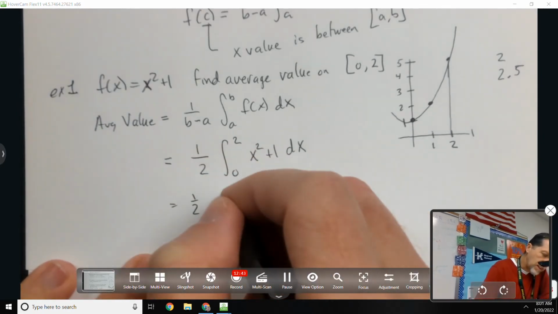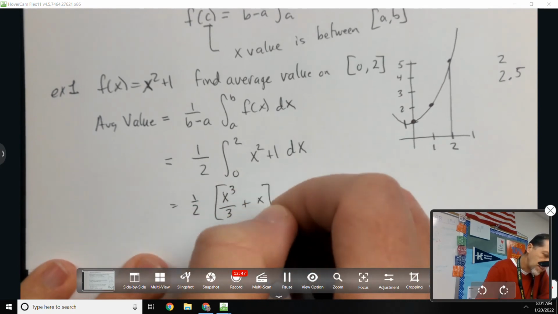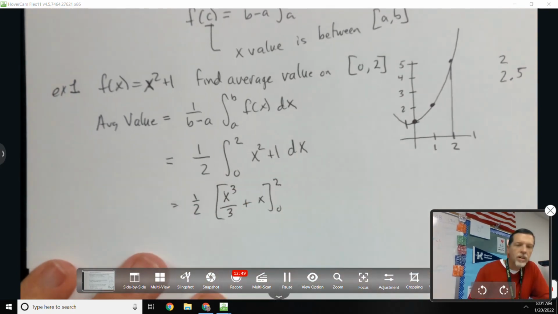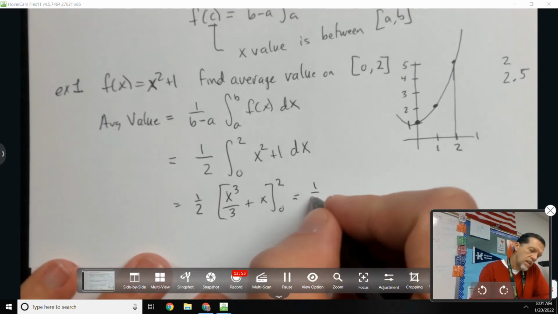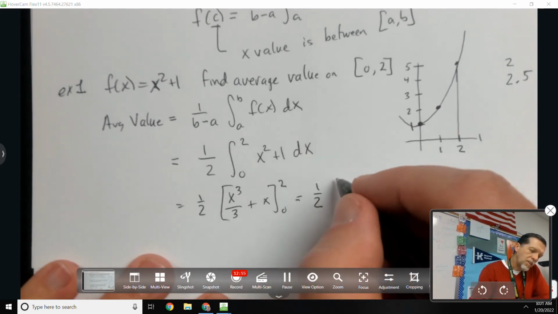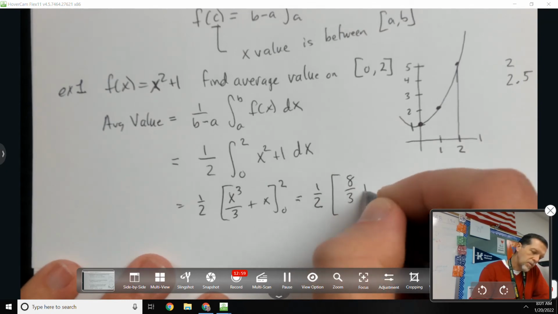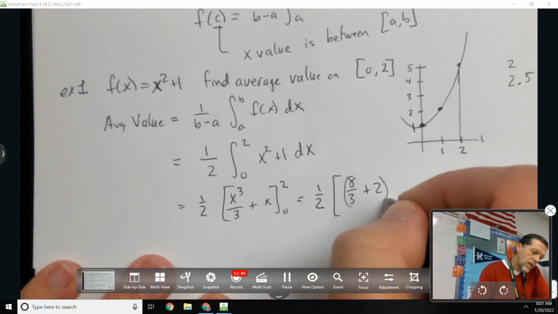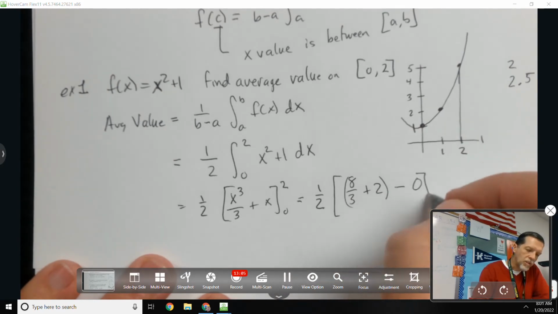So let's see, that would be x cubed over 3 plus x from 0 to 2. So if I plug in 2, I get 8/3 plus 2. And if I plug in 0, we get 0, so that's kind of nice.